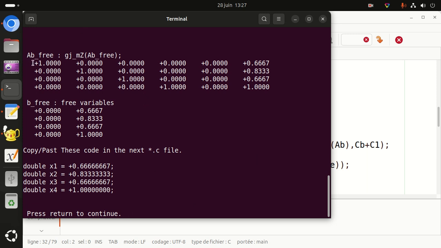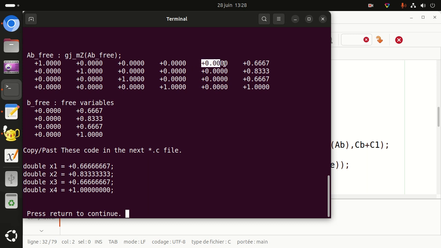Now I have a system with 1, 2, 3, 4 columns. This is B. 1, 2, 3, and 4 lines. So I can call Gauss-Jordan, and this resolves the system. 1, 1, 1, 1. This is the value of the free variable, the result that I want.